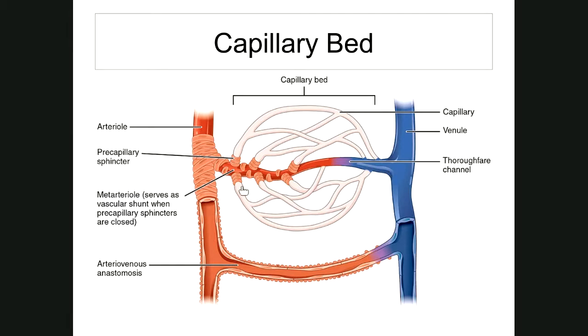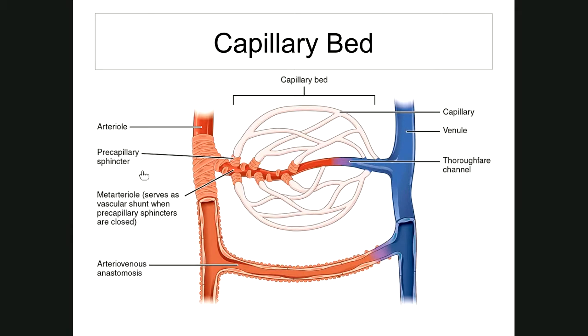Precapillary sphincters, and there it is on your picture also. P-R-E-C-A-P-I-L-L-A-R-Y. Second word is sphincter, S-P-H-I-N-C-T-E-R. Sphincters are circular muscles.